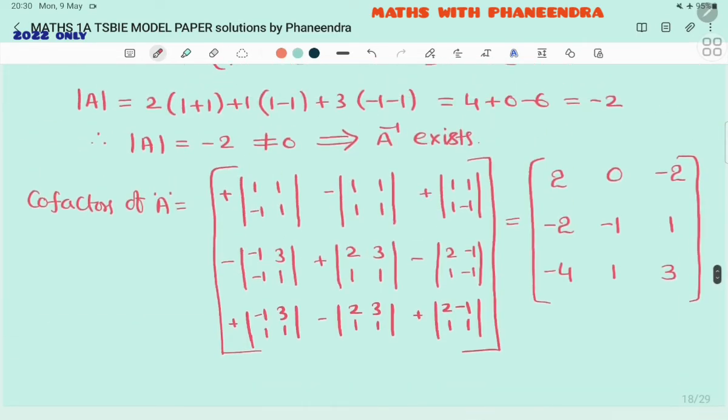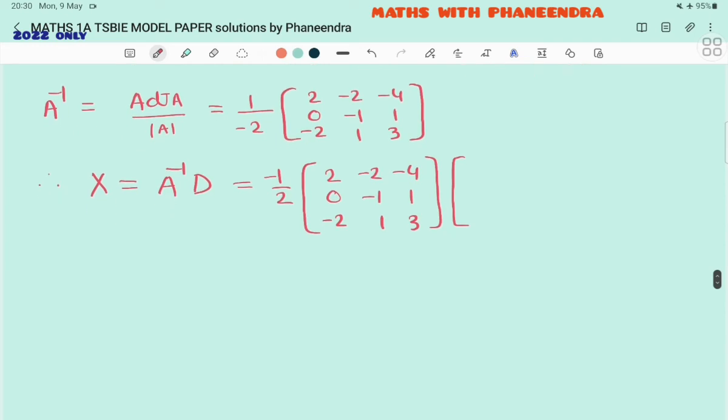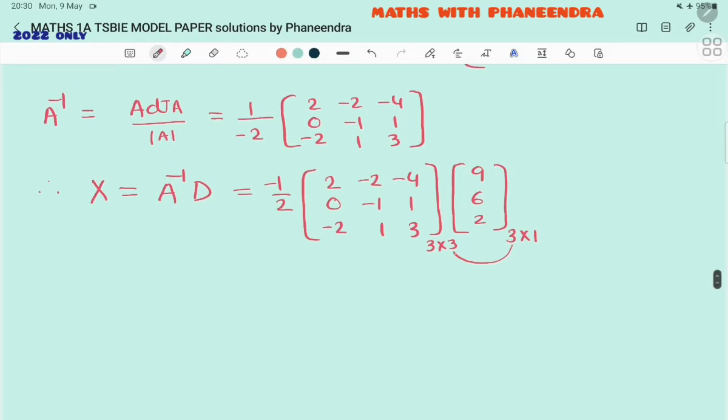What is D here? 9 6 2. 3 rows are there, 1 column is there. Here 3 by 3. So the number of columns in the first matrix should be equal to the number of rows in the second matrix. Then only multiplication is possible. So 3 by 1 is the required matrix.